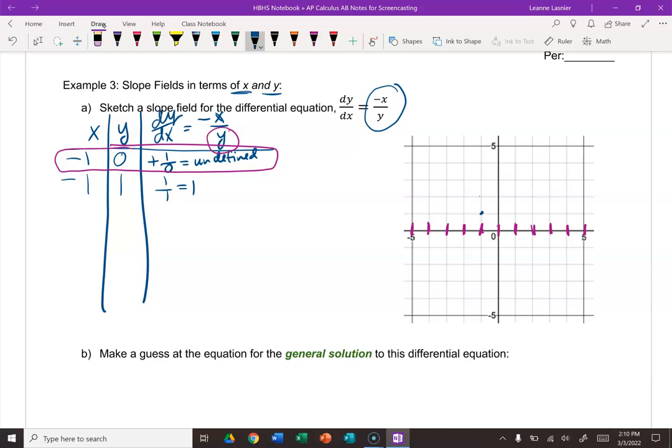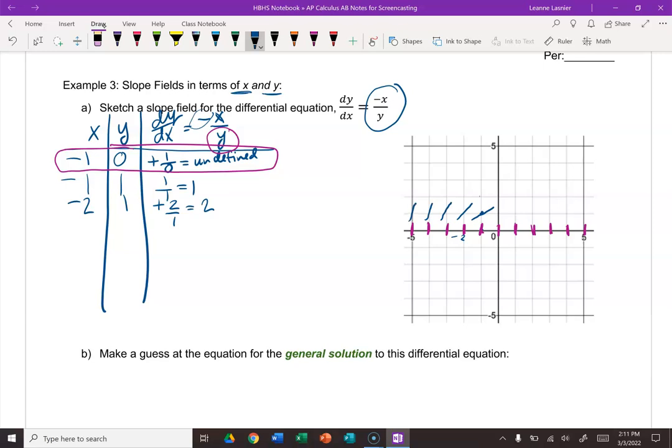And then another thing I notice is that whenever y is 1, all these here would just equal the opposite sign of the x value, right? So like if x is -2 and y is 1, then the slope would be 2. So then I can say, well, if this is a slope of 1, I know that this would be a little bit steeper, a little bit steeper, a little bit steeper, right?